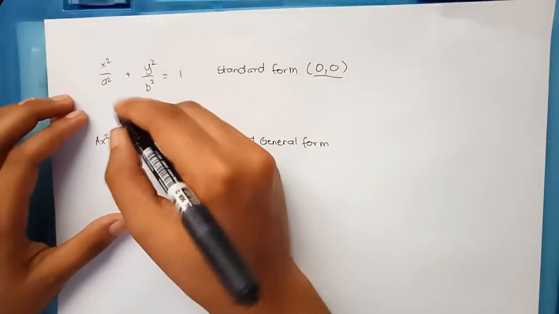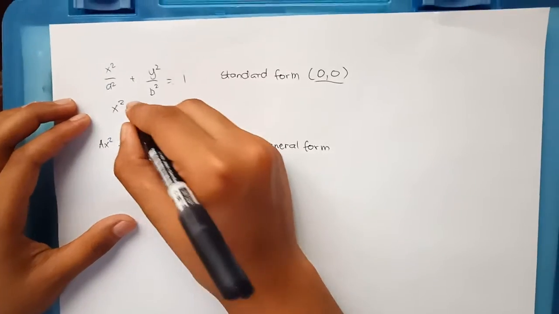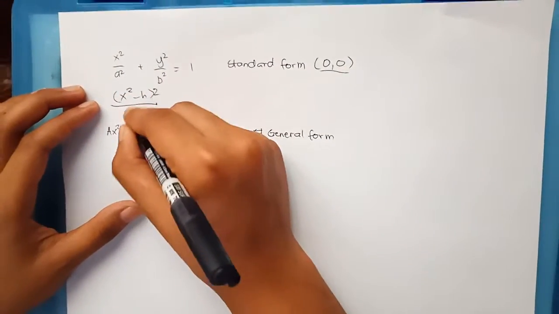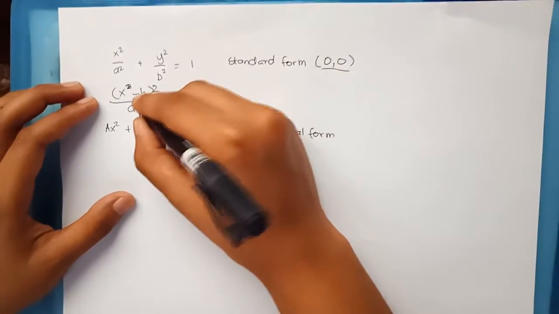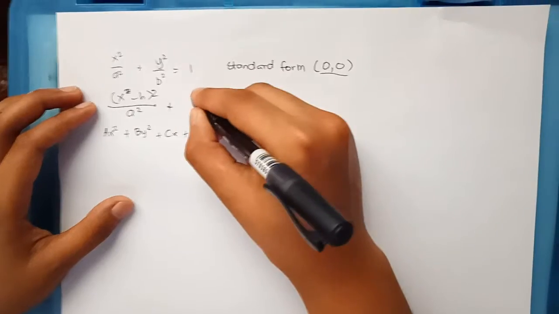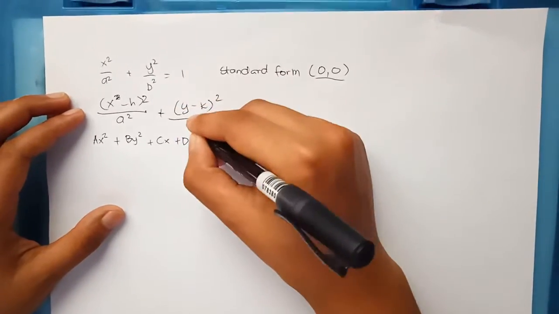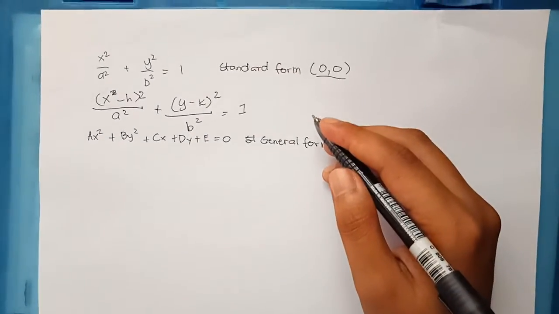If the ellipse is not at the center, we use this equation: x minus h quantity squared over a squared plus y minus k quantity squared over b squared equals 1.